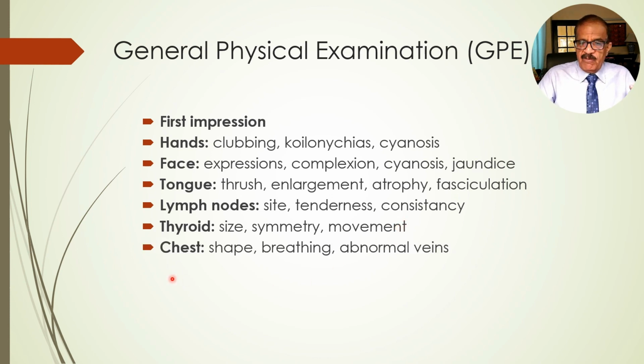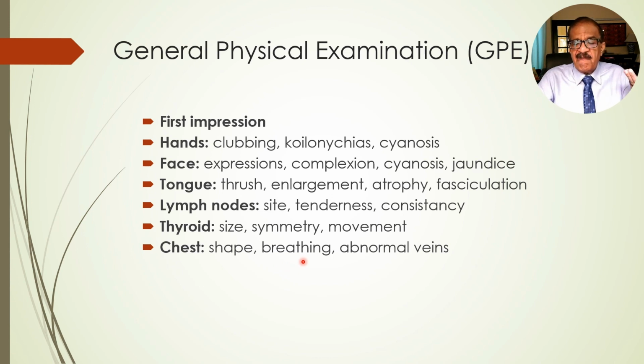Then examination of the chest, just the inspection part. We are just conducting a general physical examination. You would like to see the shape of the chest. A barrel-shaped chest will immediately tell you that this patient has emphysema, and somebody who has kyphoscoliosis, that should also give you the clue. And then the breathing pattern: somebody breathing comfortably at a rate of 12 is likely to be not very sick.